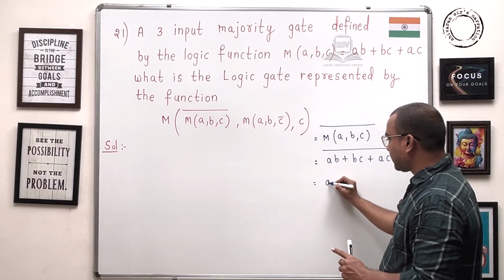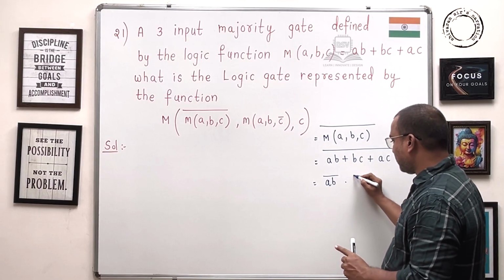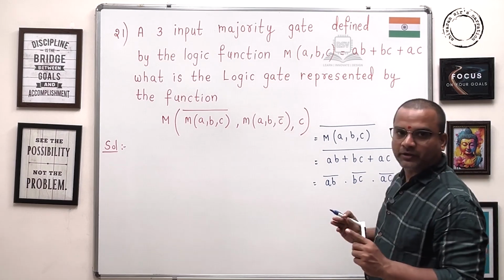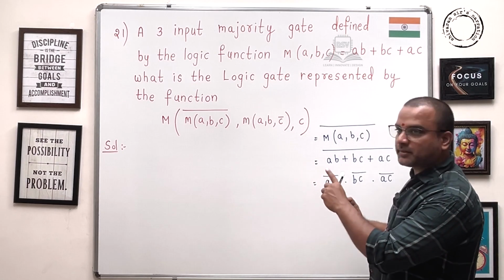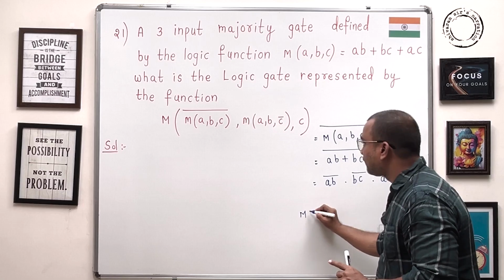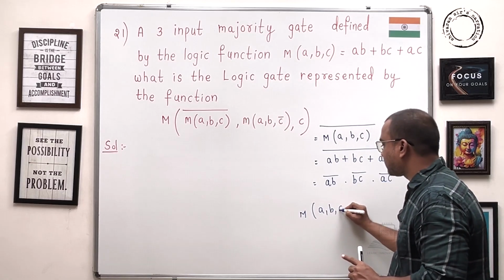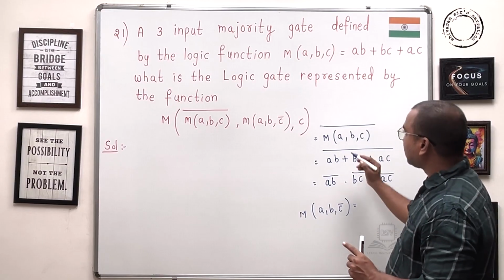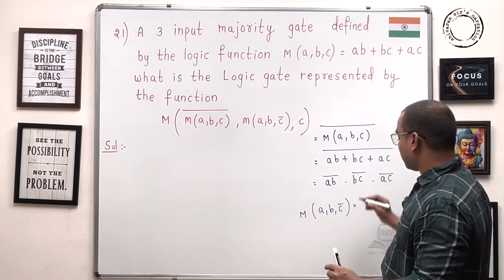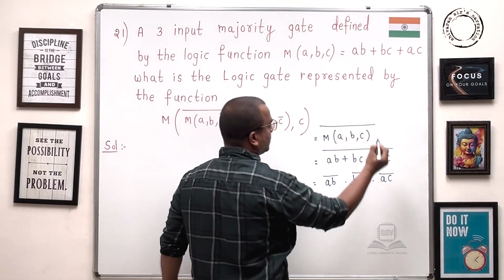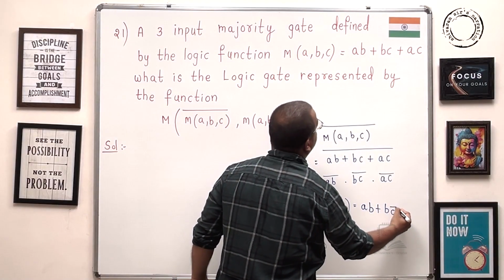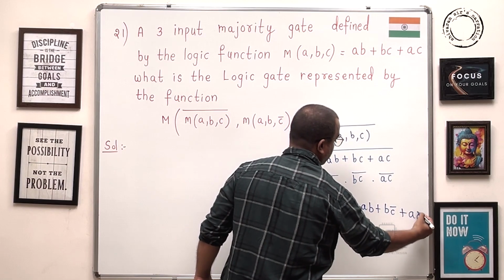Then you can rewrite it as AB whole bar into BC whole bar into AC whole bar. So this is M of A, B, C whole bar. Similarly, we have M of A, B, C bar. For this, in place of C we got C bar. Hence here also we can put C bar in place of C, that is AB plus BC bar plus AC bar.